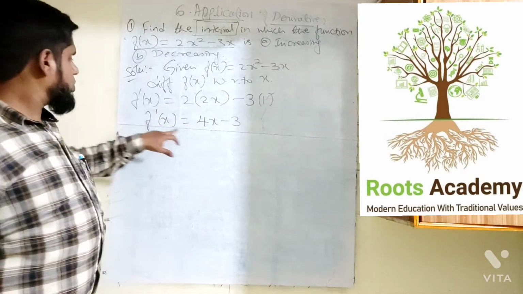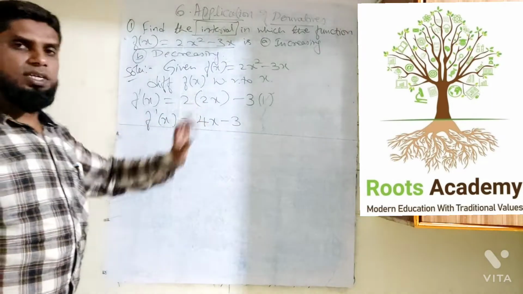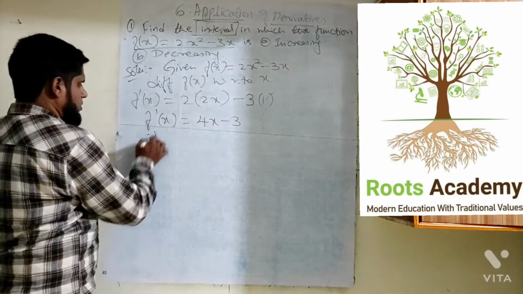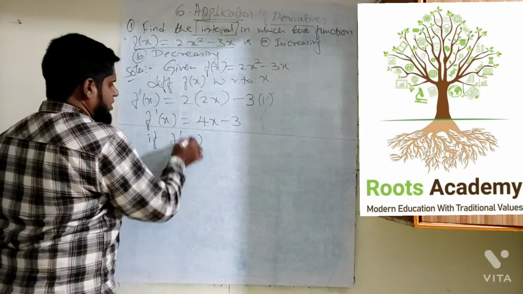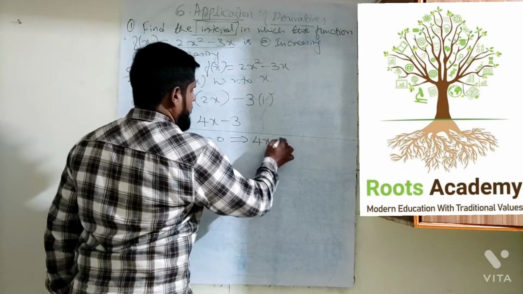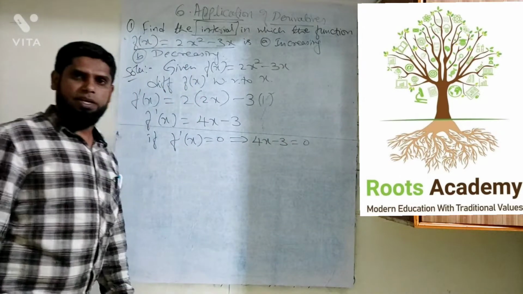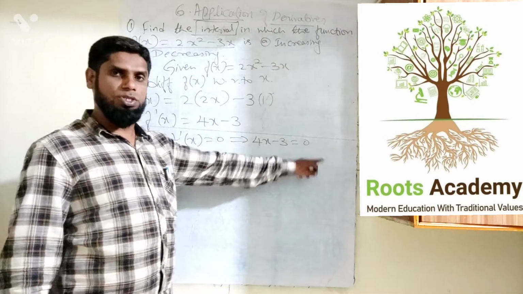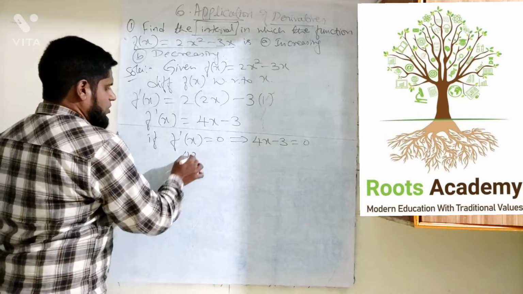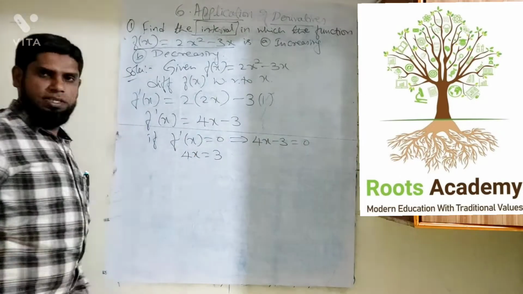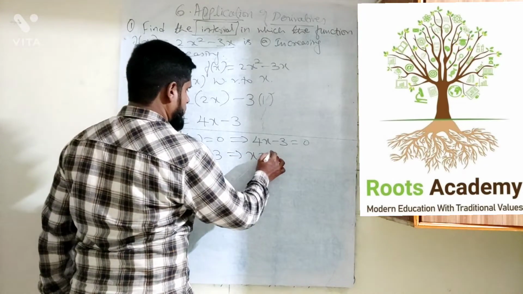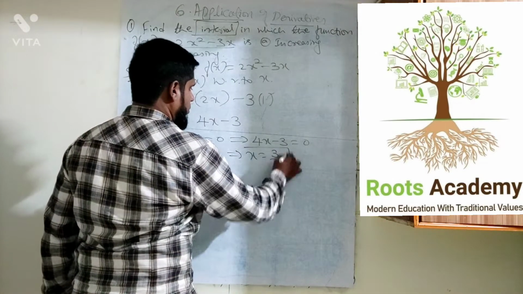To find the intervals, I should consider that f dash of x is 0. If my f dash of x is equal to 0, that gives 4x minus 3 is equal to 0. With this, I will get the value of x: 4x is 3, then x is equal to 3 by 4.